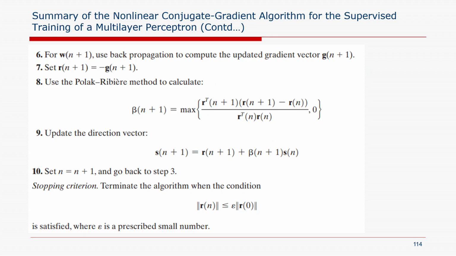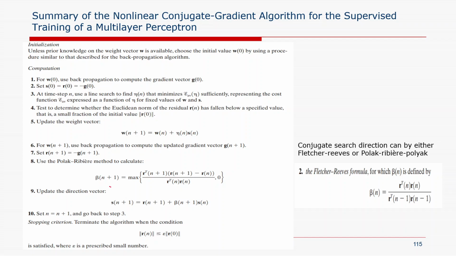Continuing, I said that for the search direction calculation, we are going to calculate this beta using the formula which has been mentioned. But there is another way to calculate this beta, using the Fletcher-Reeves formula, which says beta of n, that is beta of n plus 1 for the next update, equals r transpose of n and r of n, divided by r transpose of n minus 1 and r of n minus 1.